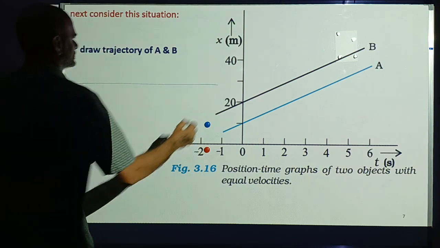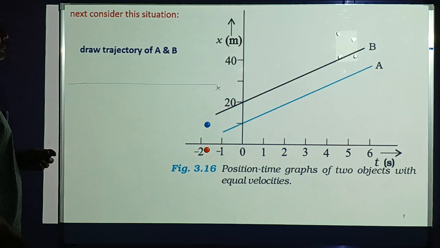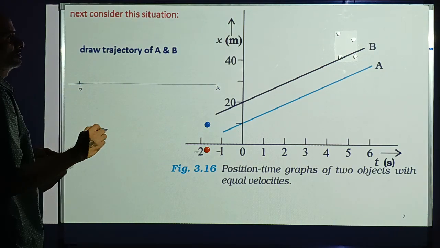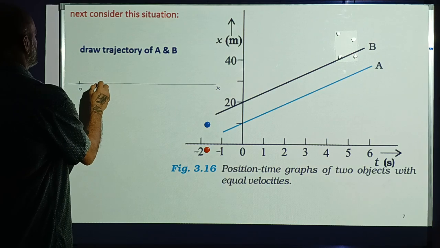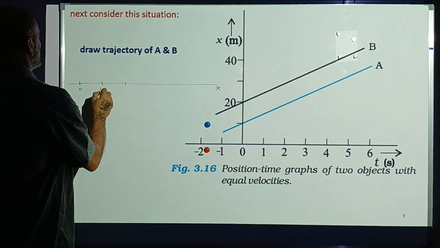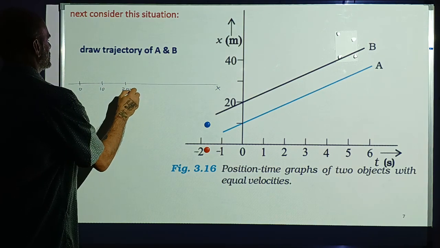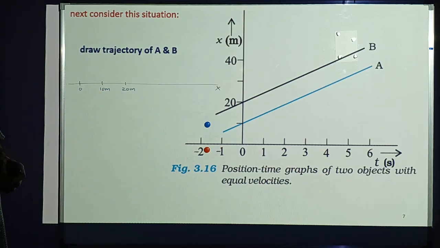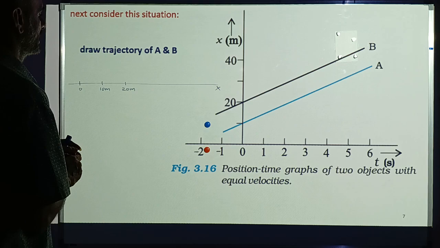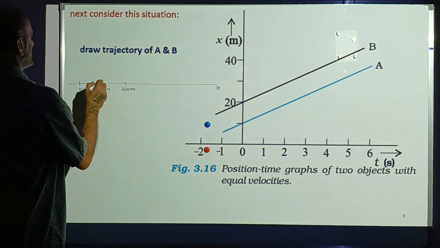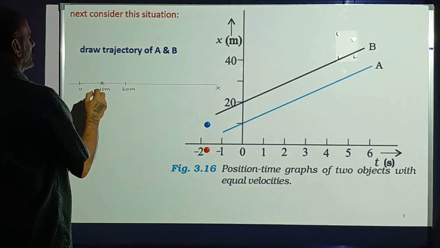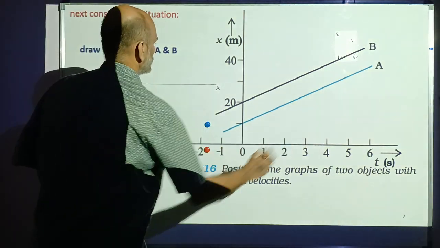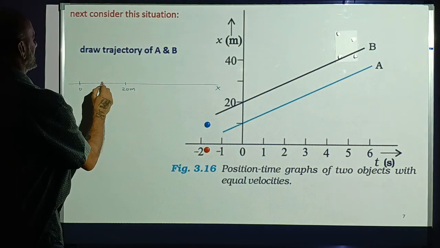This is the x-axis and x equal to 0 is here, and then 10 meters here, 20 meters here. So the body A at time t equal to 0 is at 10 meters, and after that x keeps on increasing.